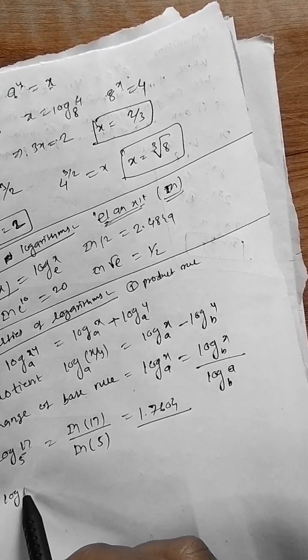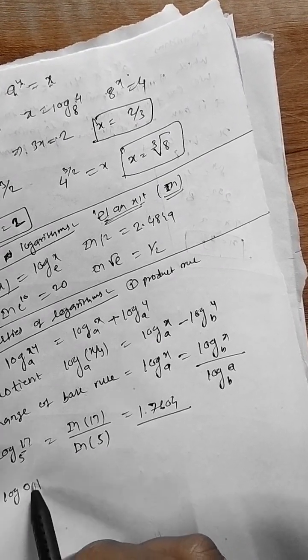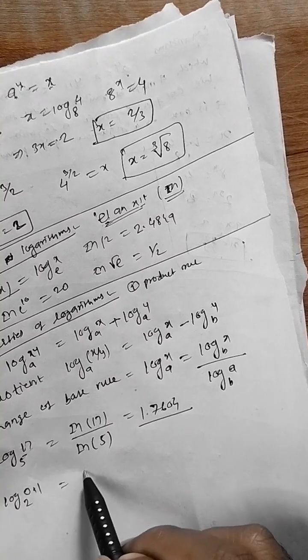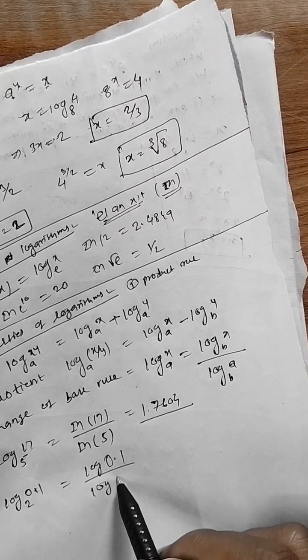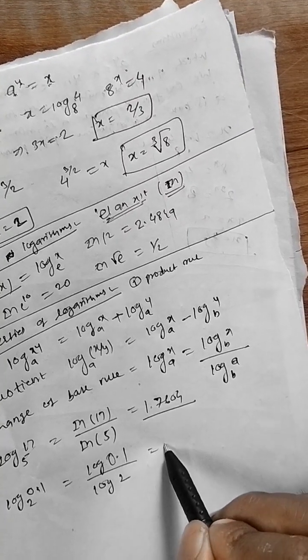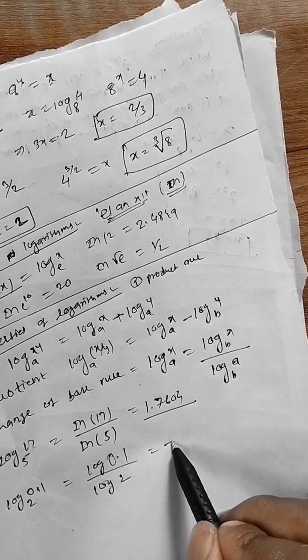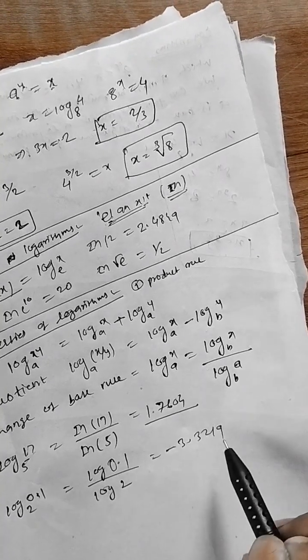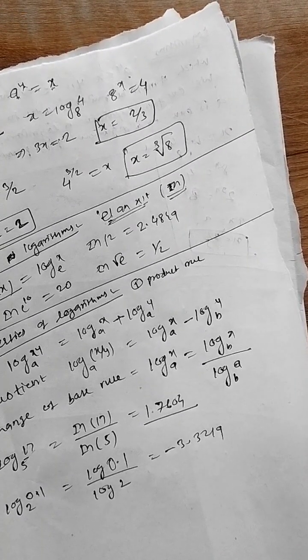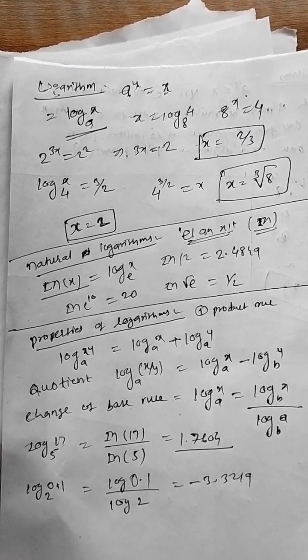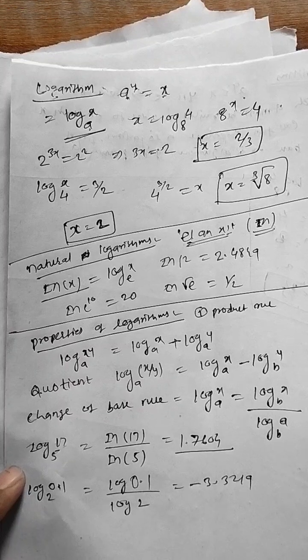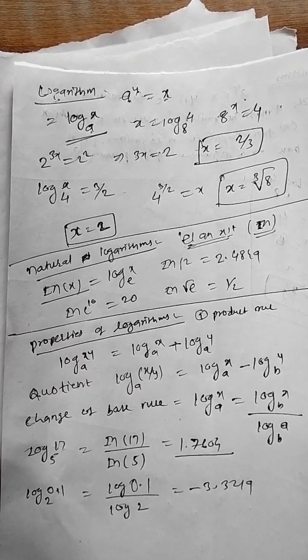Similarly, log of 0.1 to the base 2 is equal to log 0.1 upon log 2, which is equal to minus 3.3219. So this is the concept of logarithm and some properties of the logarithm.